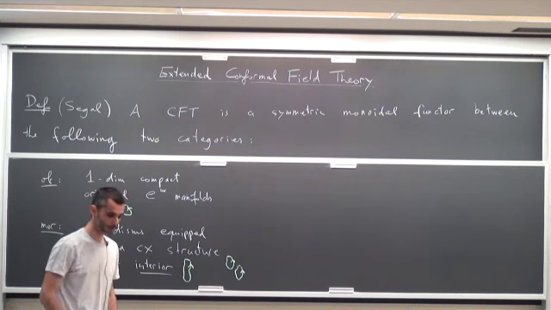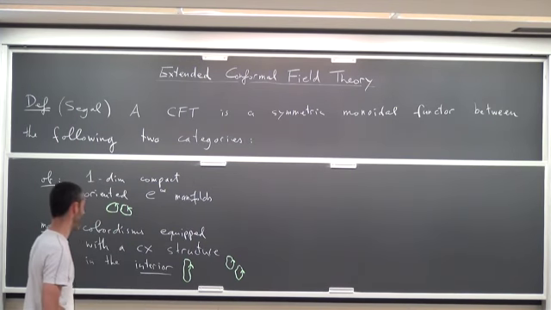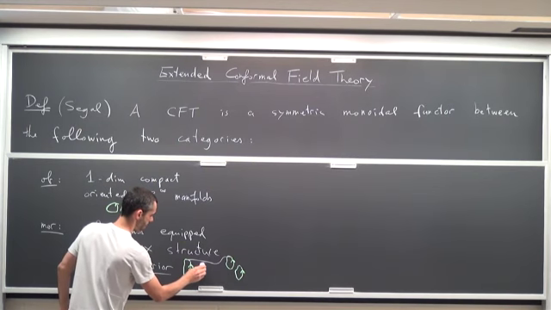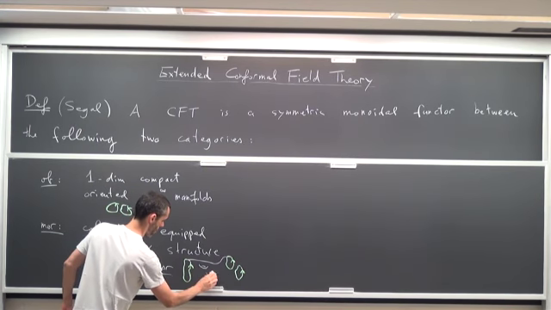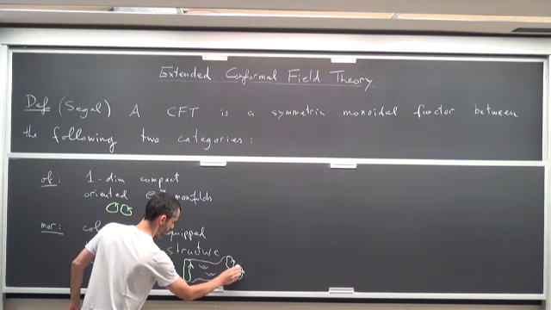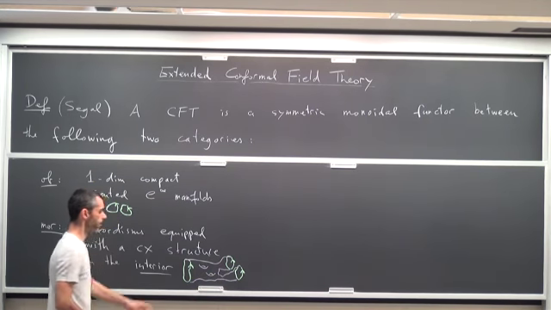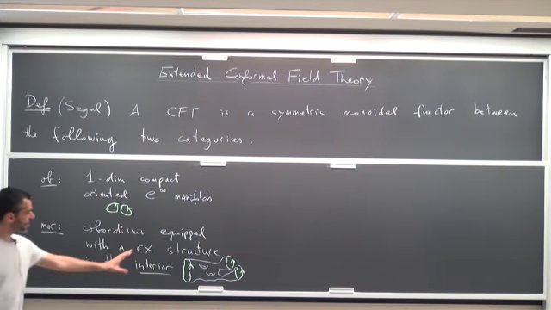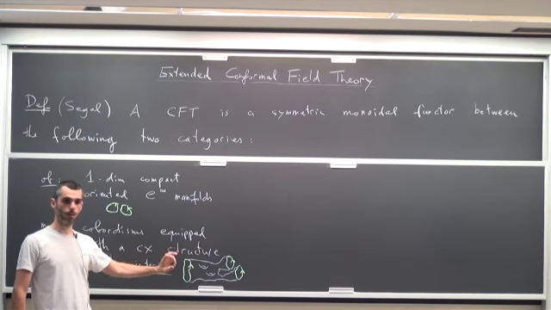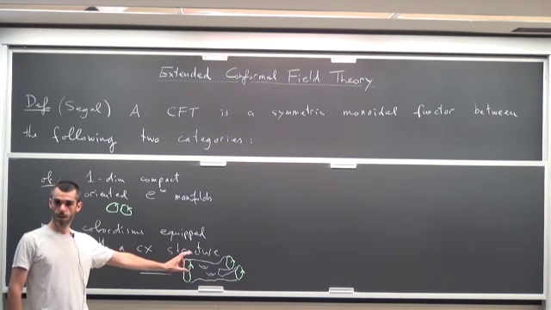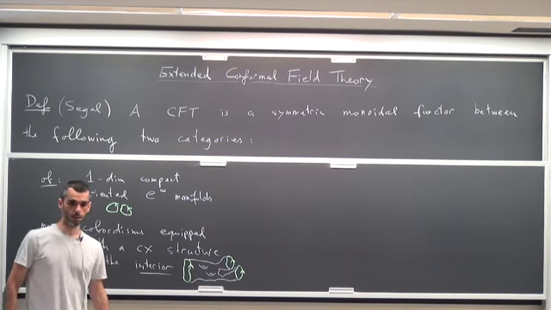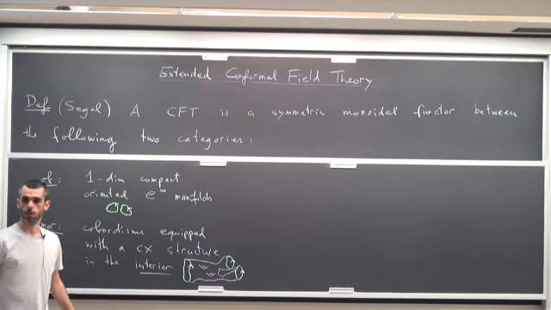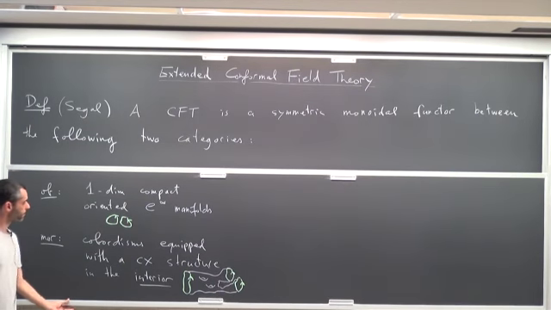Then a morphism between those two guys is a piece of Riemann surface that has those as boundary. So this is a smooth manifold with boundary equipped with a complex structure on the open interior. So the smooth structure goes all the way to the boundary, and the complex structure is only in the interior.